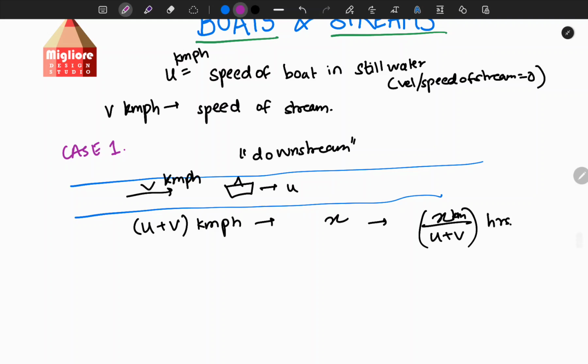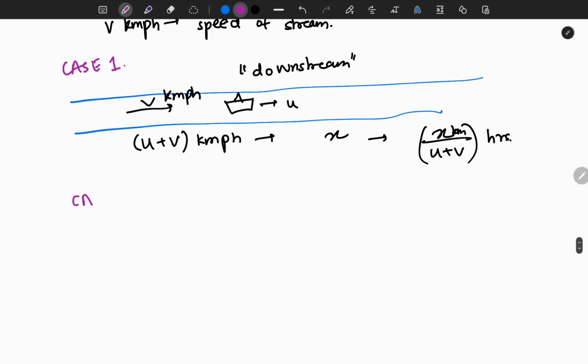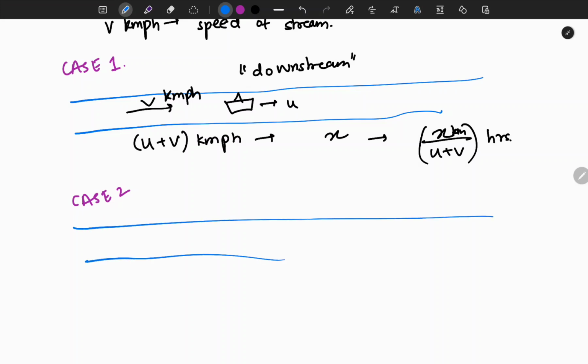Now case number 2, it is going upstream. The stream, again in blue, is flowing, but your boat is moving upstream.